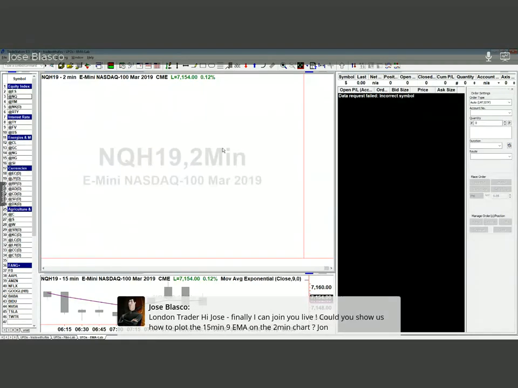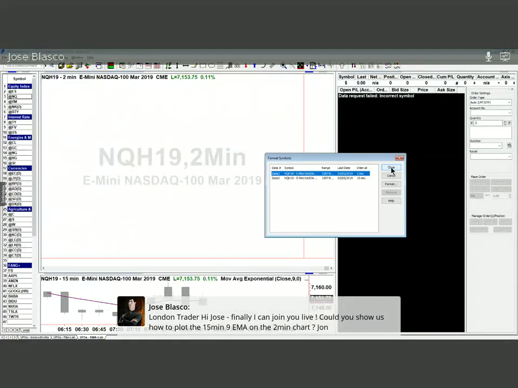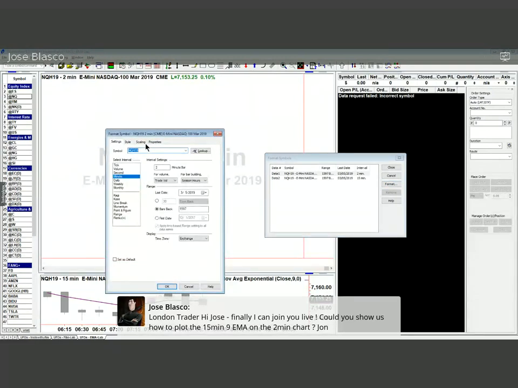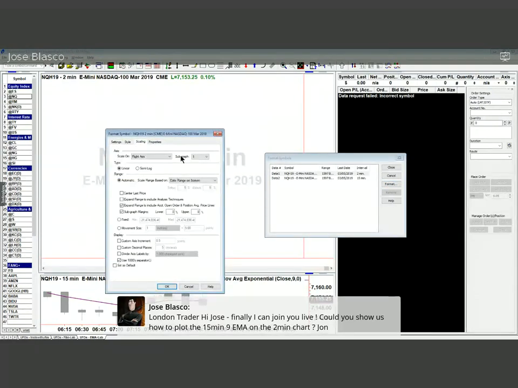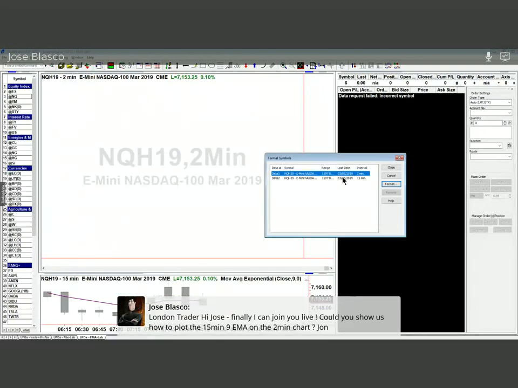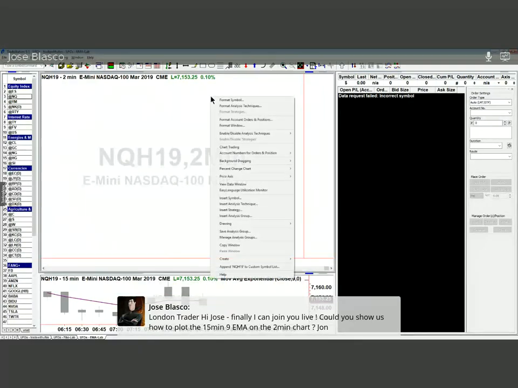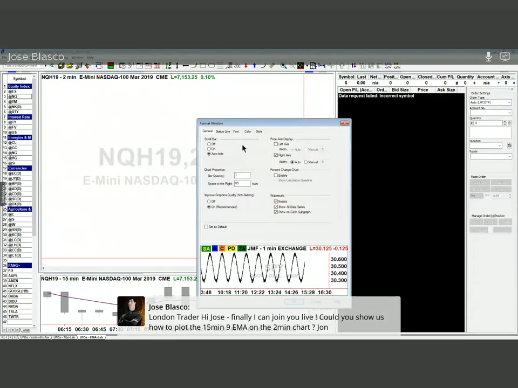Something's happening here, guys, and I think it's probably because the 2-minute time frame is probably because the moving average is exponential, and for whatever reason is creating a distortion. To be honest, I have never done this with an exponential. I have done it many times with a simple average, not with an exponential.